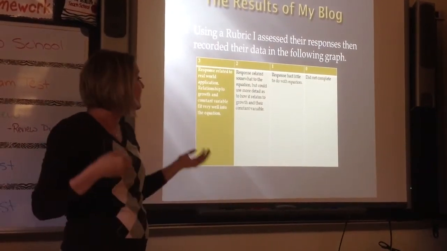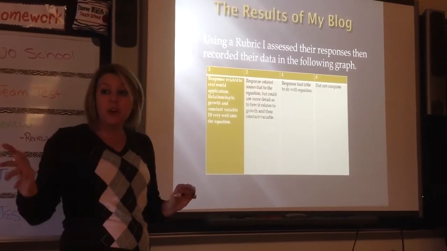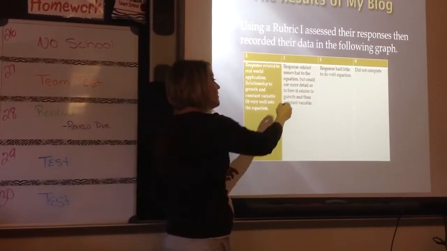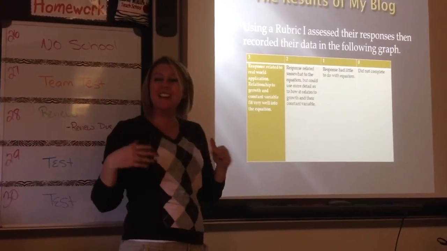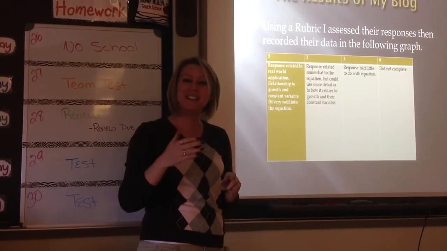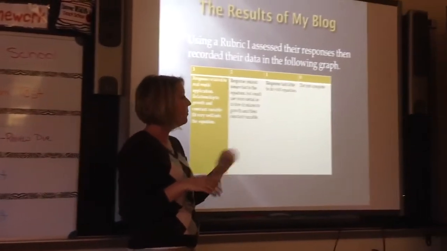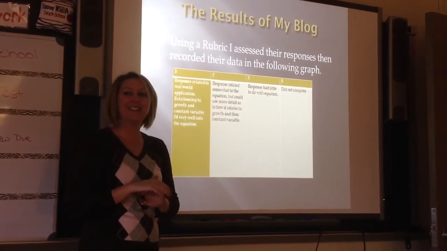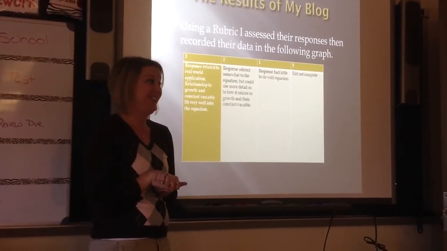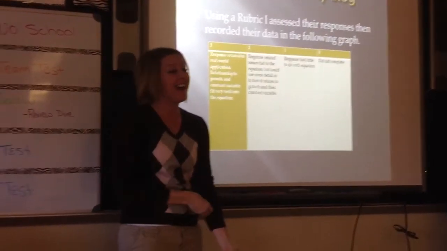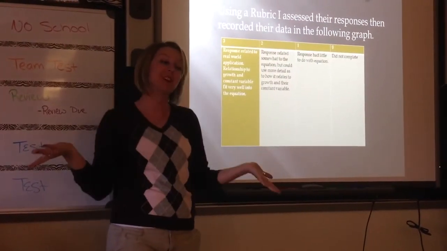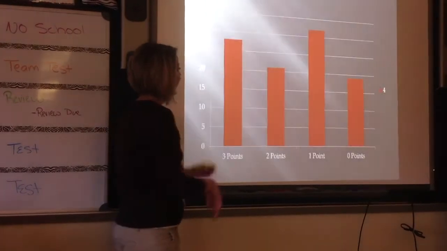They really related to the real world. That was a 3. 2, they were on the right track, but they kind of misstepped. They might have mixed up the growth and the constant. 1, they really didn't understand it at all. And 0, I had some kids just not even complete it at all, unfortunately.